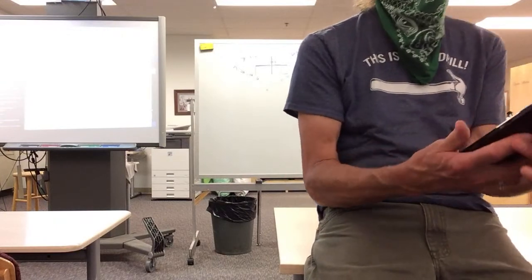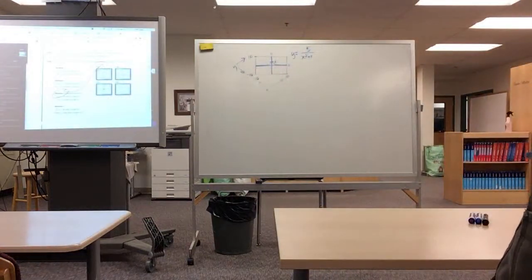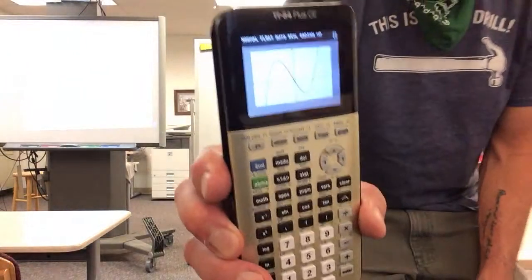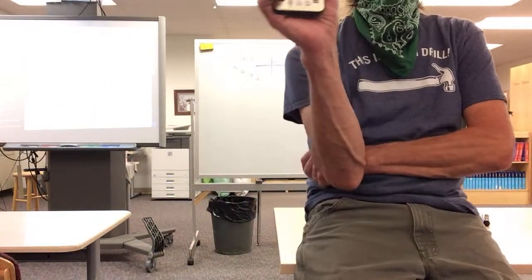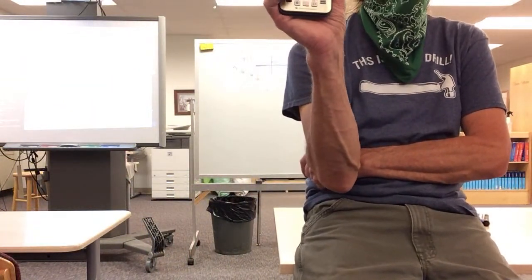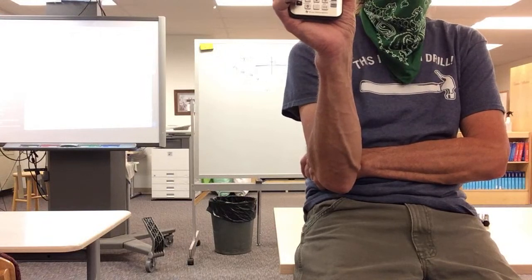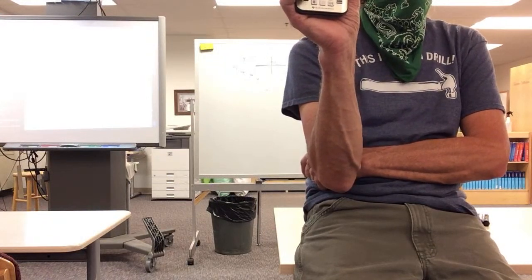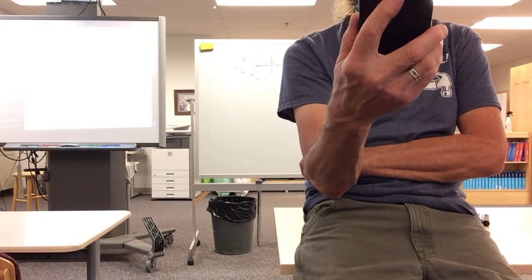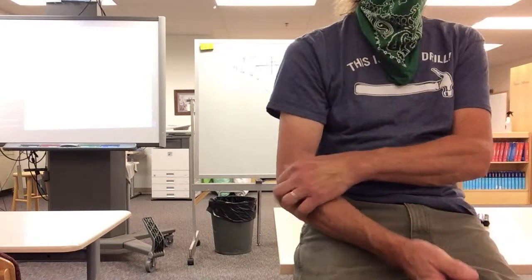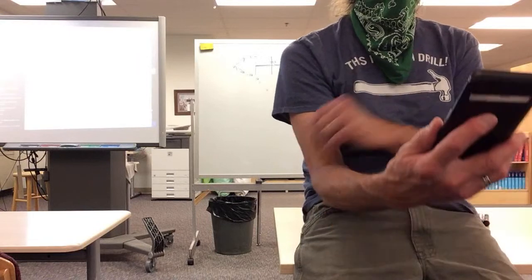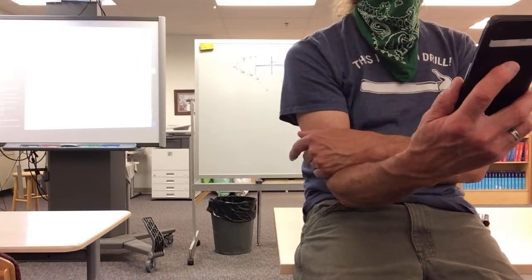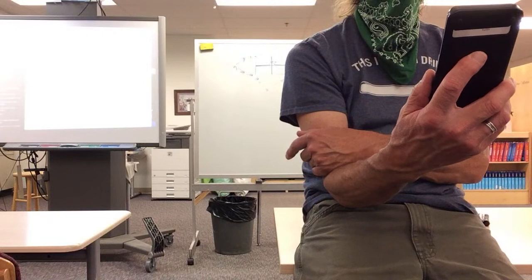So change it to the window, the number 1 window size, so that you had that real nice full size picture. So you go to window and change your settings to the x-axis -6 to 6 and the y-axis from -100 to 150.